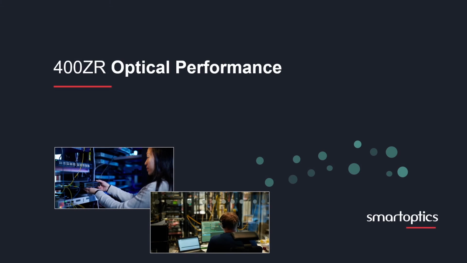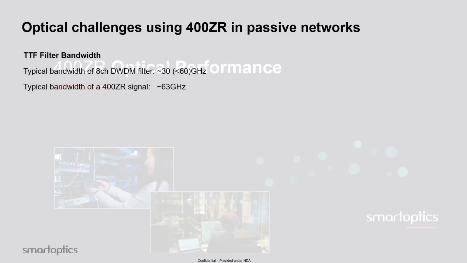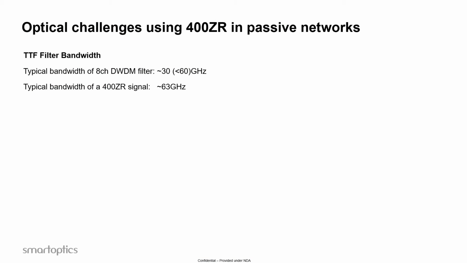If we then look at the optical performance around 400ZR, I've mixed the topics a little bit based on the questions that I get. Quite frequently I get questions about how the 400ZR will work in passive networks. If you design a low channel count passive network with 8 channel or 4 channel DWDM filters, they are typically based on thin film filter technology.